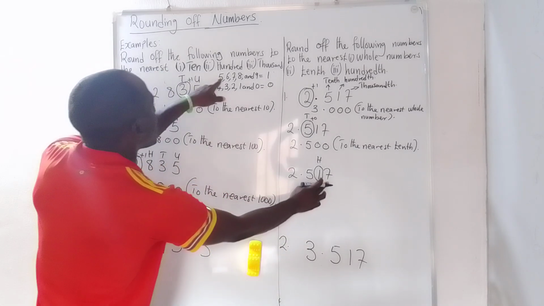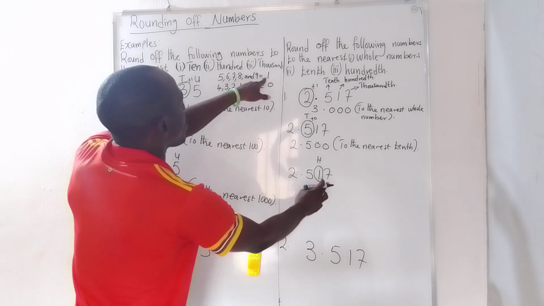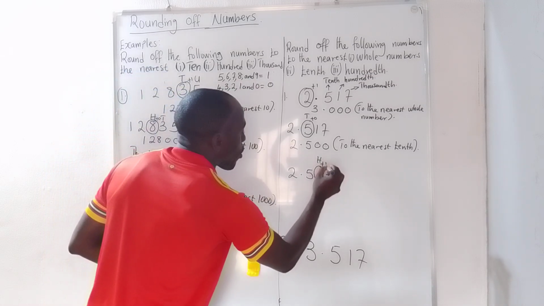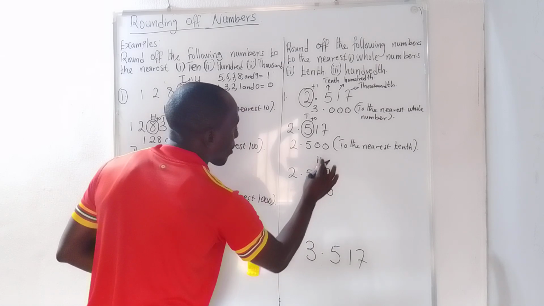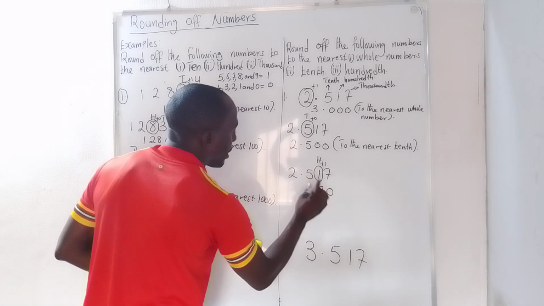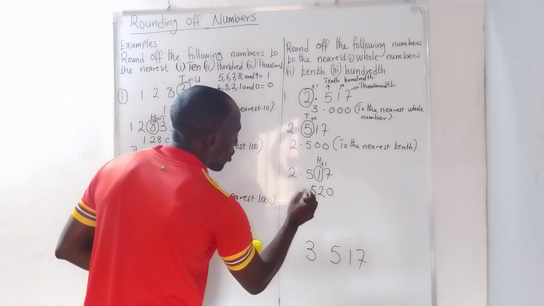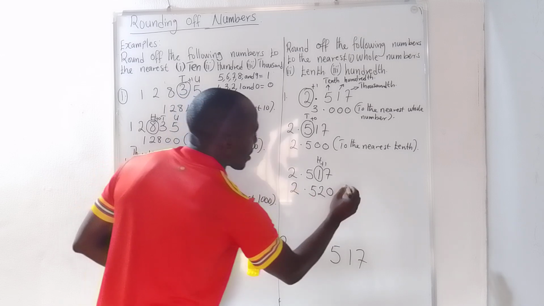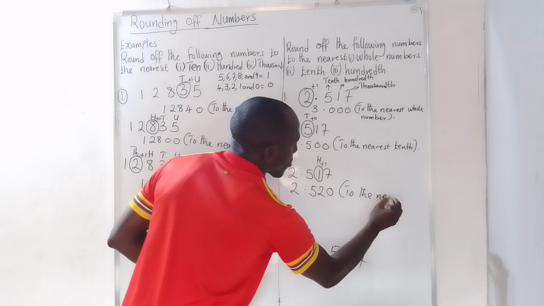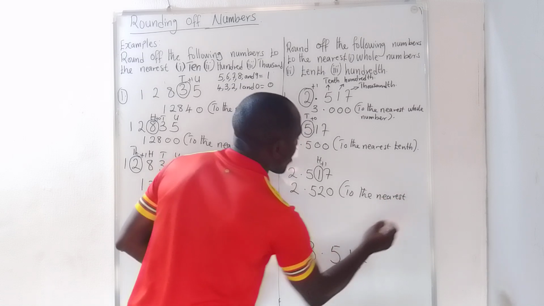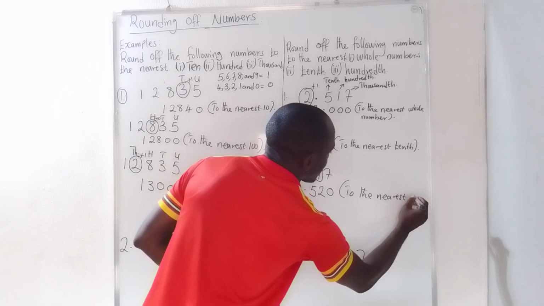Where can we find 7? 7 is among these, which is plus 1. We are adding plus 1 to it. What happened to 7? 7 becomes 0. 1 plus 1 is 2. Bring down your 5. Bring down your point, then your 2. This is the answer to the nearest hundredth.